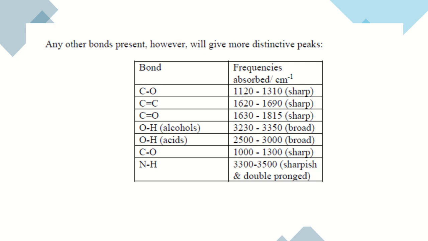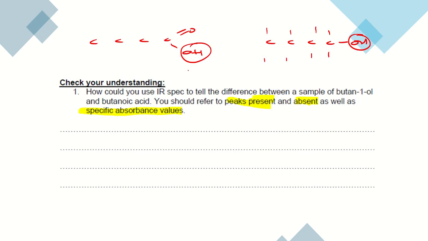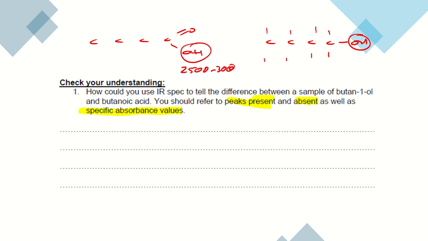On the carboxylic acid you're going to have that OH absorbance between 2,500 and 3,000, and you would quote that to the examiner as an OH at that range. And in the alcohol you're also going to have an OH absorbance, but it's going to be 3,200 to 3,500, roughly 3,200 to 3,350. It might change depending on what table you get, but you get the picture.